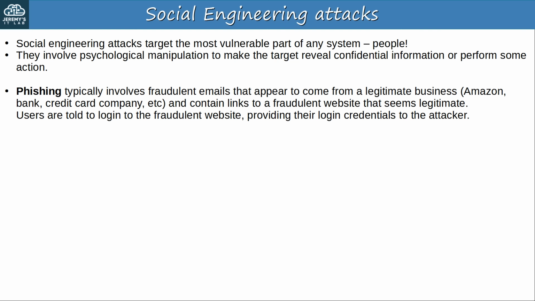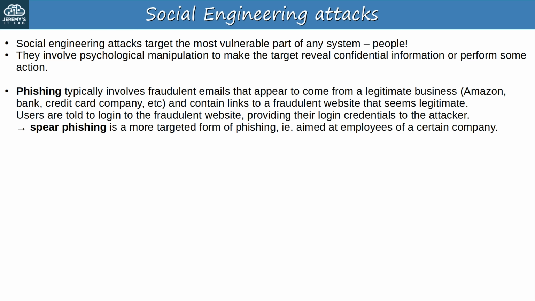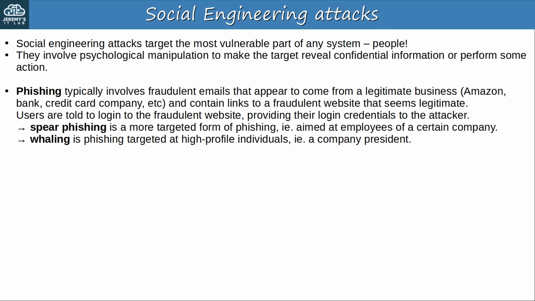Users are told to log in to the fraudulent website, therefore providing their login credentials to the attacker. Spear phishing is a type of phishing that is more targeted, not mass emails sent out to anybody, but perhaps emails sent to employees of a specific company, for example. Whaling is another kind of phishing, targeted at high-profile individuals, for example, a company president.